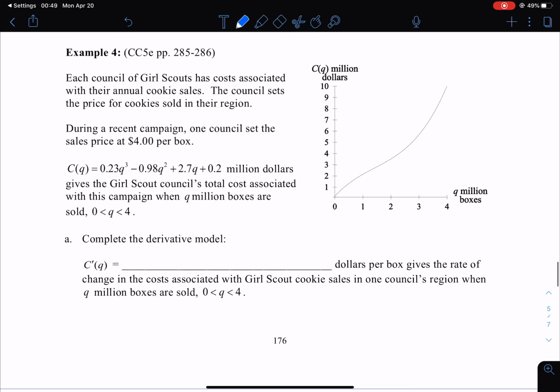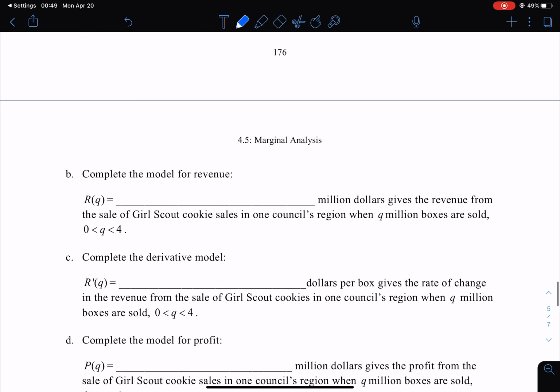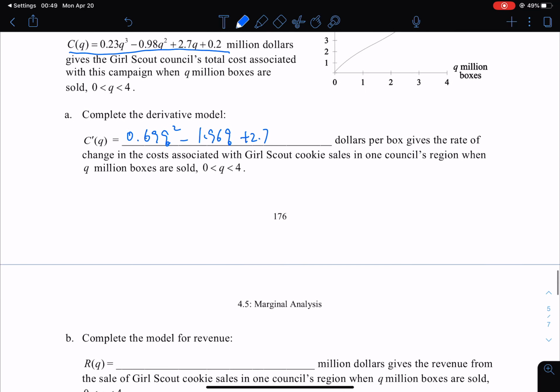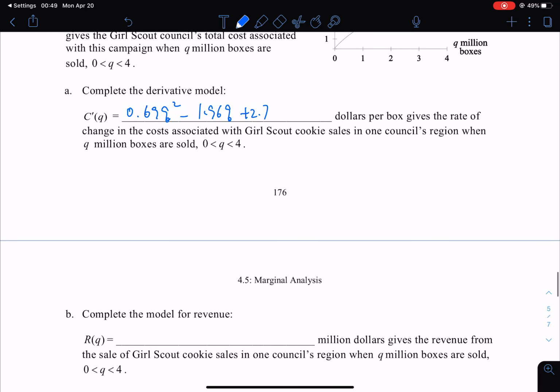Alright, for question A, C prime of Q, we are given C of Q. This is C of Q, the question from the last chapter: Q squared minus 1.96Q plus 2.7. And then B, complete the model for revenue. For revenue, we know the input variable is Q, the Q million boxes sold.